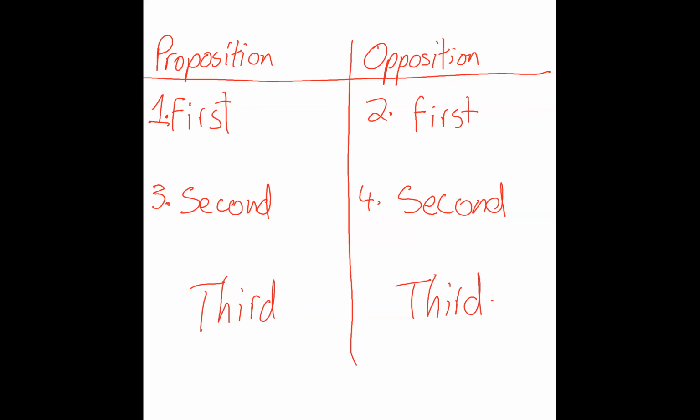Then we have second for the op, third for the prop and third for the op. So what ends up happening here is both teams end up with an advantage. The advantage for the proposition is that they're the very first team to get to speak.